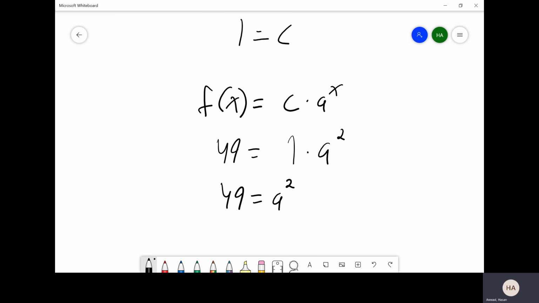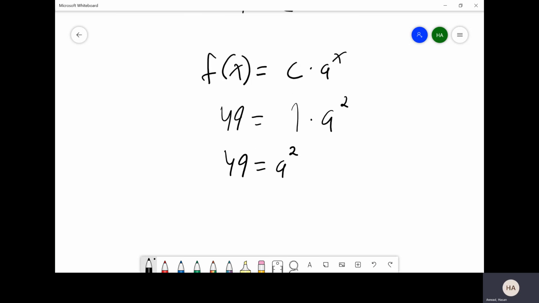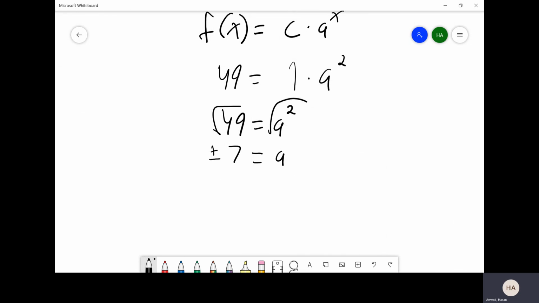And now we just solve for a, right? So we take the square root of both sides, and we get a is equal to plus or minus 7. Now, here's the thing. I know for a fact I only want the positive value, a is equal to 7. The reason that I know this is by the definition of an exponential function.